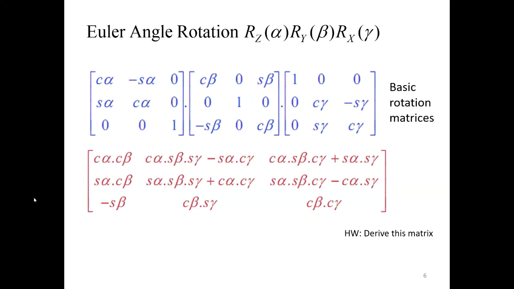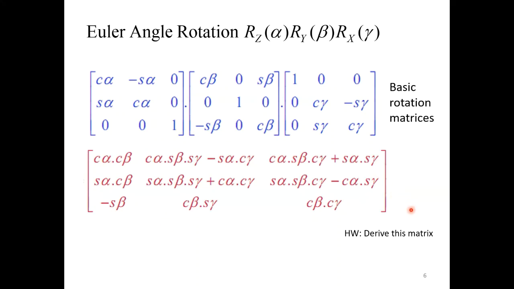So please do this exercise. You have the answer here, but you multiply these two matrices first and get the result, and then multiply with this one. As homework, please do that, and you will get this matrix.